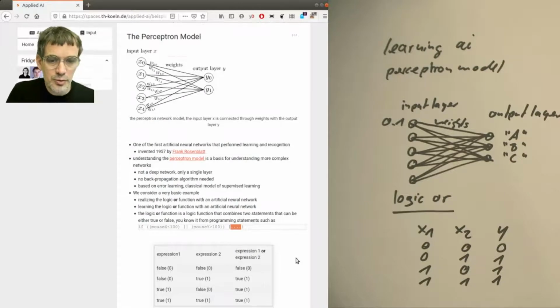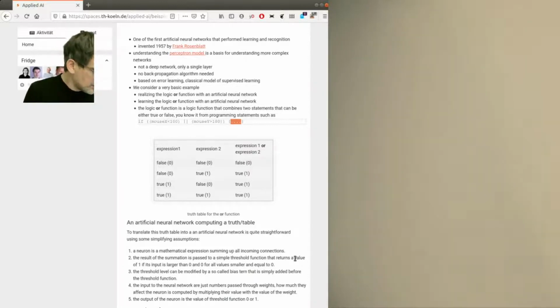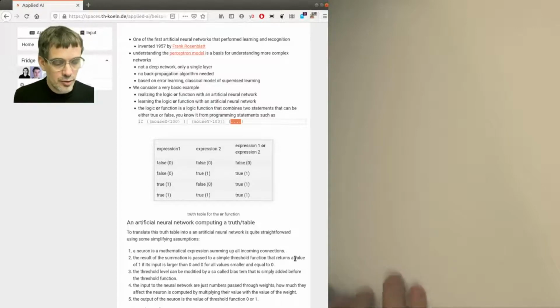What we want to do now is construct an artificial neural network that computes the truth table. So it's one step before learning. It's just setting up a network so that it computes the OR. And in a second step, we will look at how the learning goes.